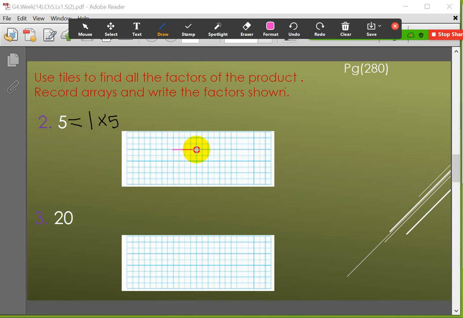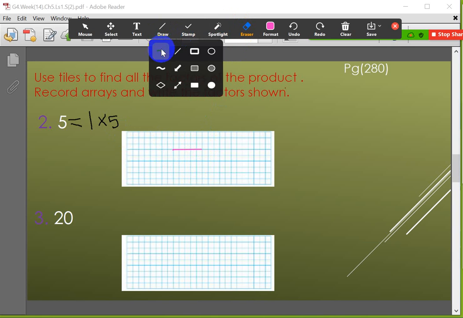Okay, so let's draw it, until this point, and 1 in the vertical way. So 5 in the horizontal way and 1 in the vertical way. That means 1 array.